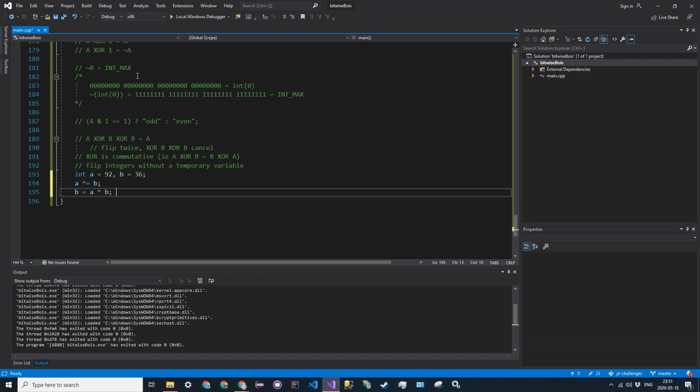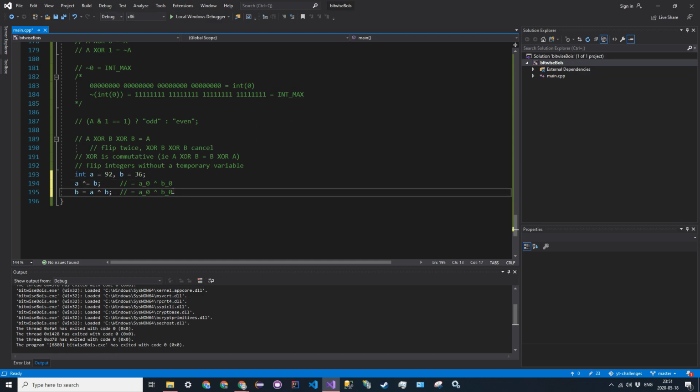Now what does this give us? So let's look at this. So this is equal to the original A, so A underscore 0, XOR B underscore 0, which is the original. But this, so that's just this operation here. This is equal to A original XOR B original.